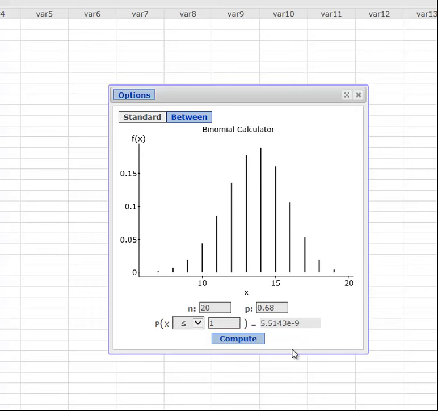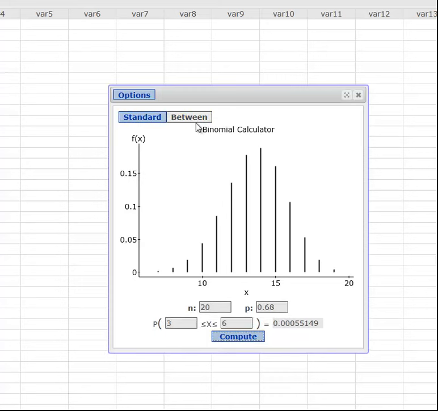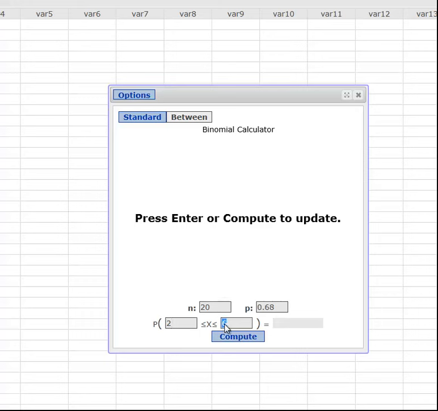One thing that is really neat about StatCrunch that isn't an option in the calculator is that I can find probabilities between two x values. What if I wanted to know the probability of randomly selecting between 2 and 5 adults? I could select between instead and change the endpoints to 2 and 5.